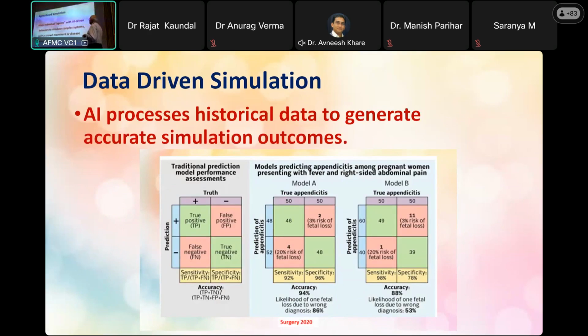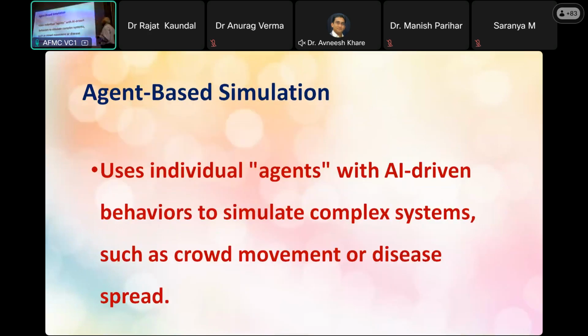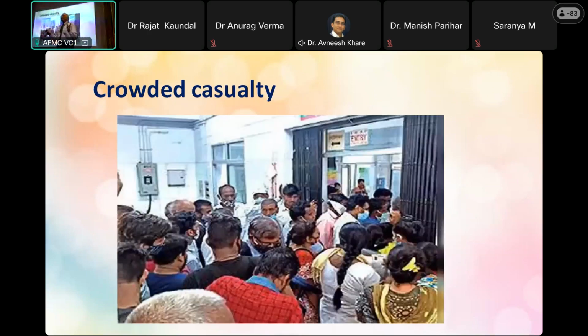Agent-based simulation uses individual agents with AI-driven behavior to simulate complex systems such as crowd movement or the spread of disease. Most of our hospitals are like this, with crowded casualties. Clinical flow management is very poor in our hospitals. At KEM, we have 10,000 OPD patients and 800 emergency patients, 200 patients are waiting in casualty, and 150 require ventilators.